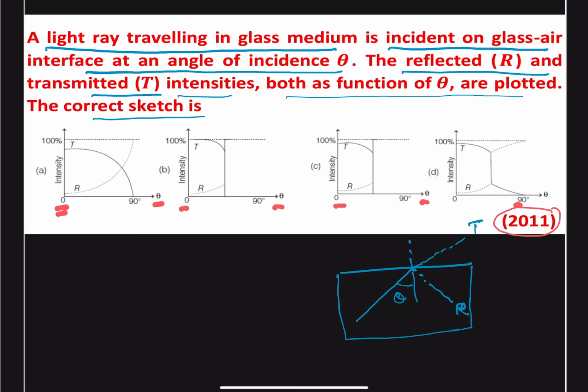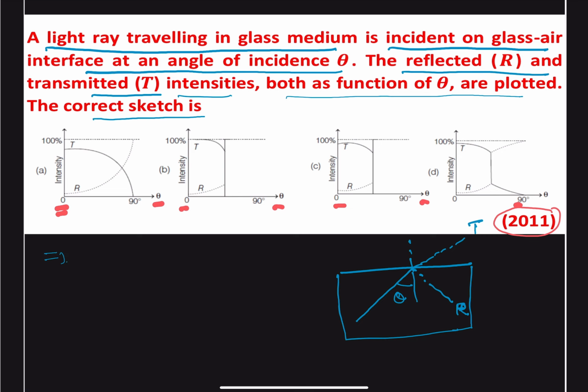There won't be any reflection. And the other will be our critical angle, and for critical angle, after the critical angle the entire thing will be totally internally reflected, the transmission will be equal to 0.